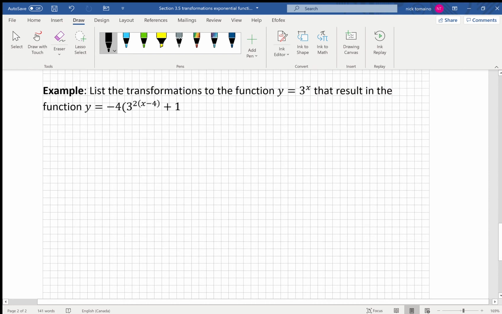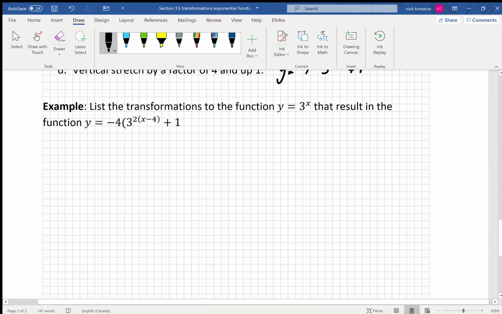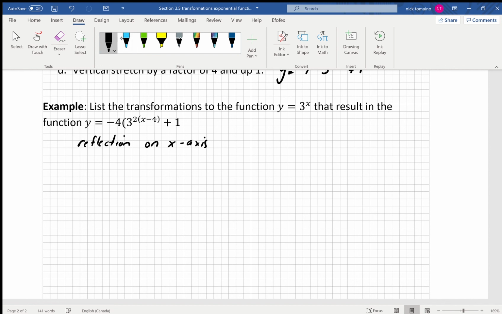Okay, and the last example here, we're going to list the transformations to the function y equals 3 to the x that result in here. So we'll start off with the negative, so that is a reflection on the x-axis. We have a vertical stretch by a factor of 4, and we're going up 1.